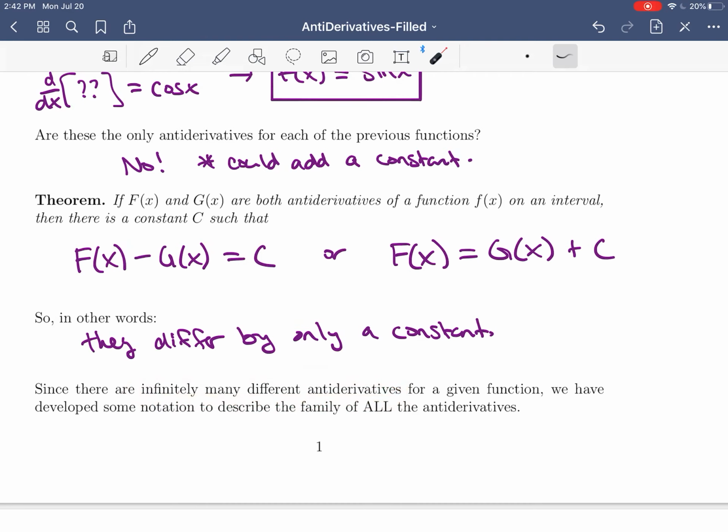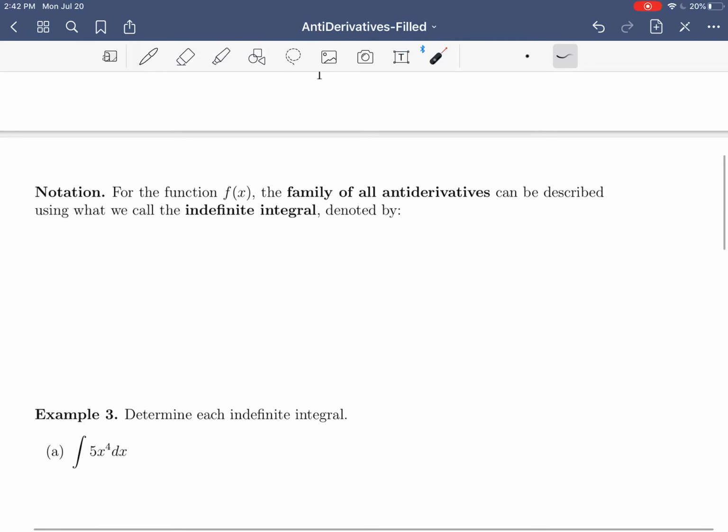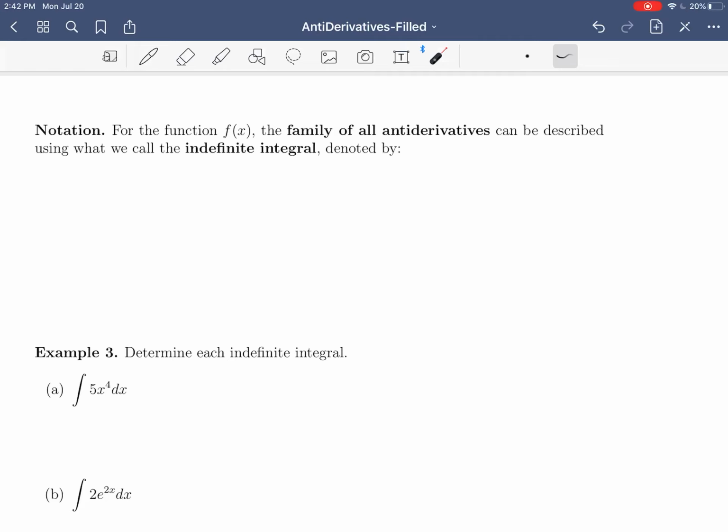So we're going to have some notation so that we can talk about all the antiderivatives at the same time, because they all sort of look the same. If I have a function little f of x, the family of all of its antiderivatives can be described using what we call the indefinite integral. This is what the notation looks like.